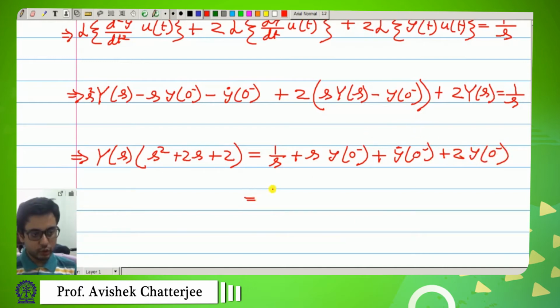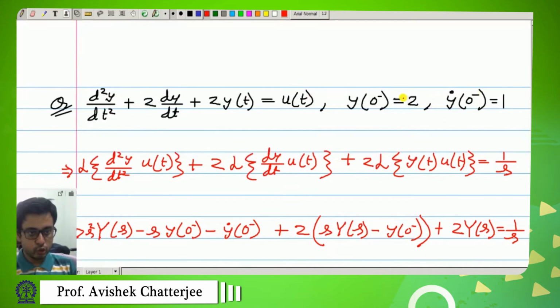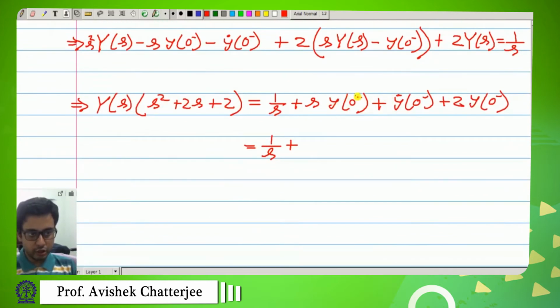Now this is equal to 1 over s plus, let me put the values. y(0 minus) is 2, so this is 2s, and here 2 into 2 is 4, so 2s plus 4.